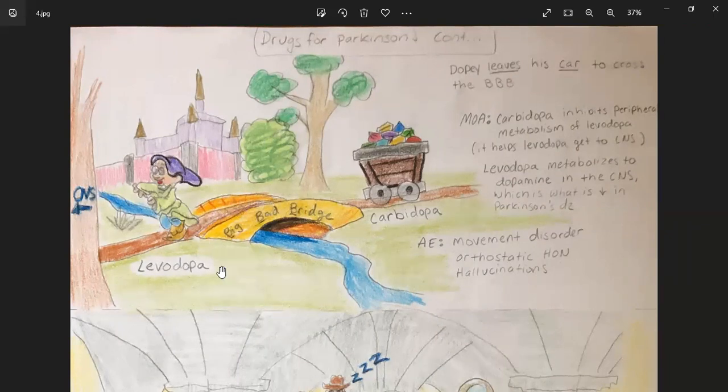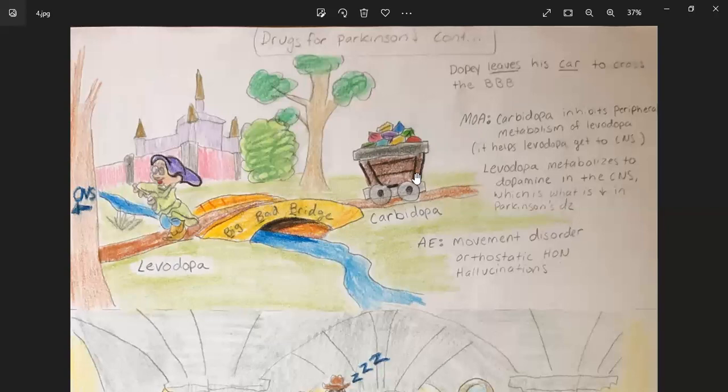Dopey has left his car, so levodopa, his carbidopa, and he's crossing the BBB, the big bad bridge, the blood-brain barrier. So the MOA is that carbidopa inhibits peripheral metabolism of levodopa.